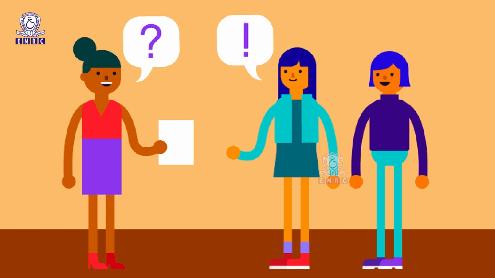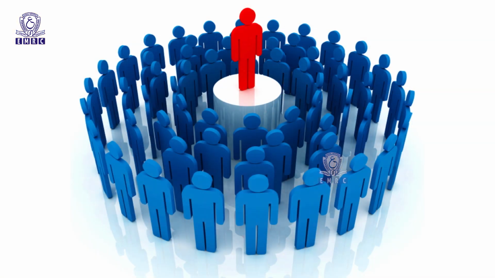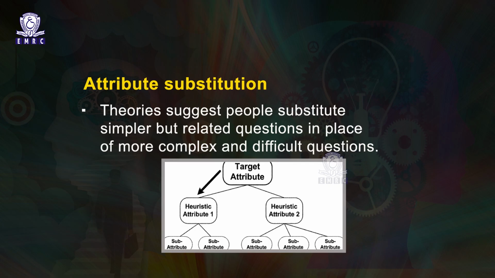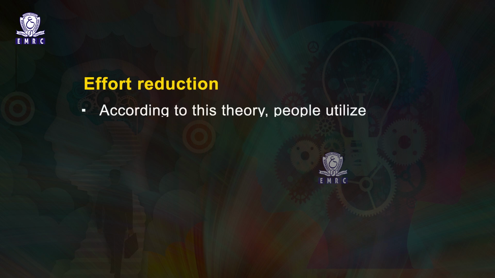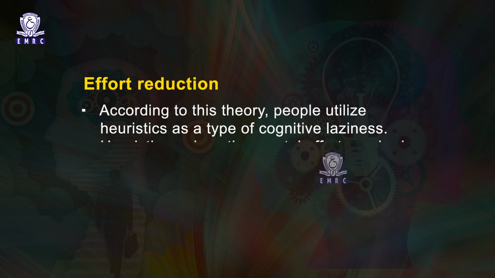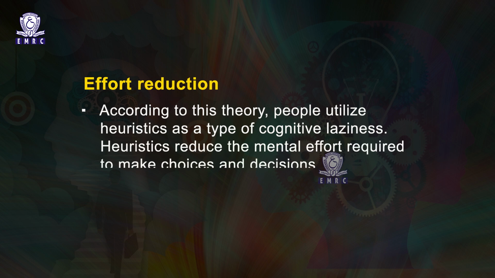Psychologists have suggested a few different theories for the reasons that we rely on heuristics. Attribute substitution. These theories suggest people substitute simpler but related questions in place of more complex and difficult questions. Effort reduction. According to this theory, people utilize heuristics as a type of cognitive laziness.